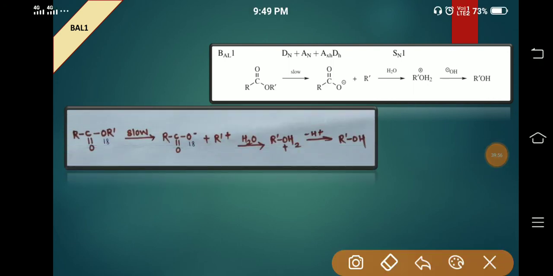Now, here also, similar to AL1 mechanism, that is acid catalyzed alkyl cleavage, this type of mechanism can occur only when the R group is considered as a bulkier group. Why? Because of the generation of carbocation, and we need to stabilize this carbocation.